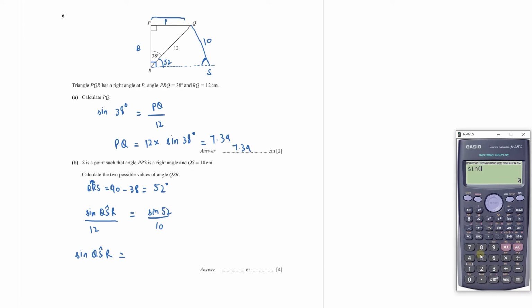This is sine of 52 divided by 10 and then multiplied by 12. So this is 0.9456, and then QSR will be the sine inverse of this.